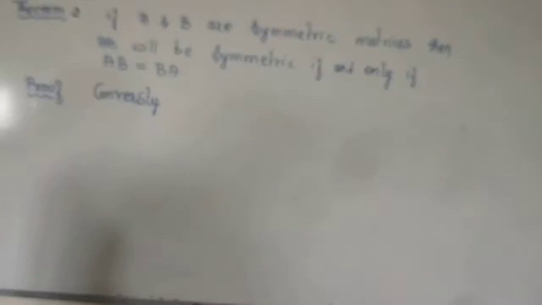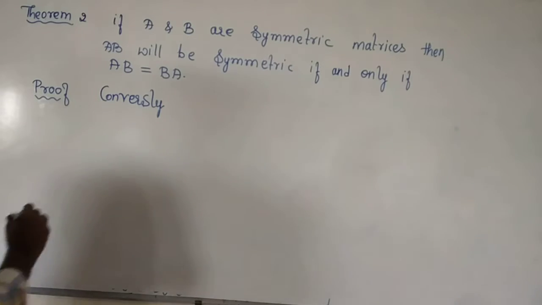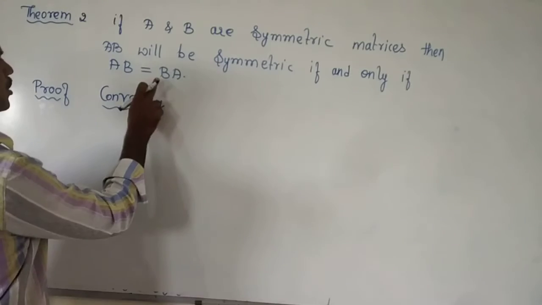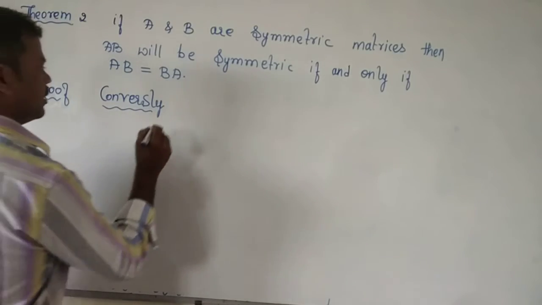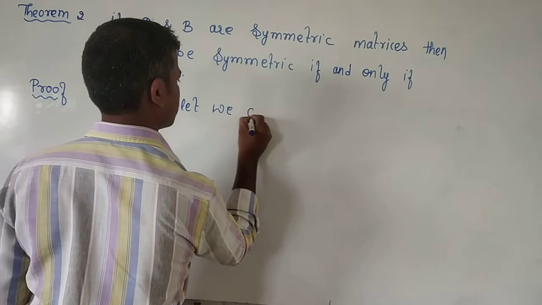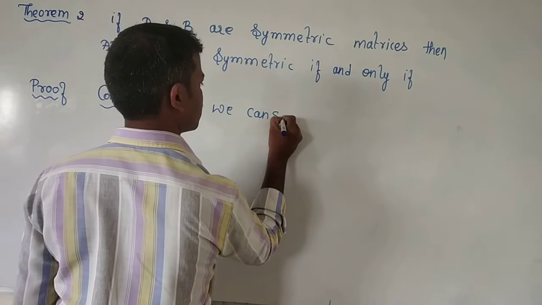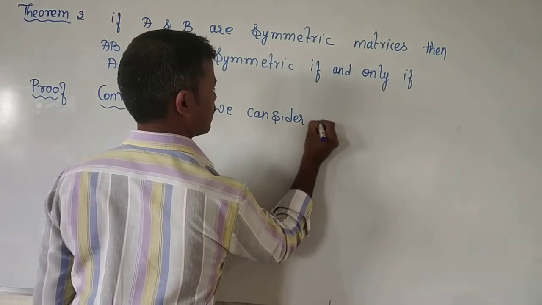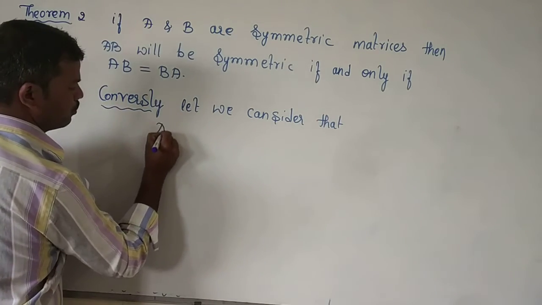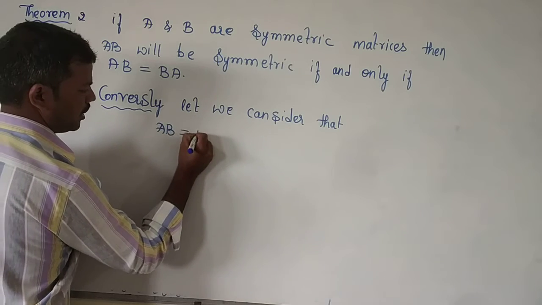Conversely, what we have to prove: we have to consider A into B equal to B into A. Let me consider that A into B is equal to B into A.